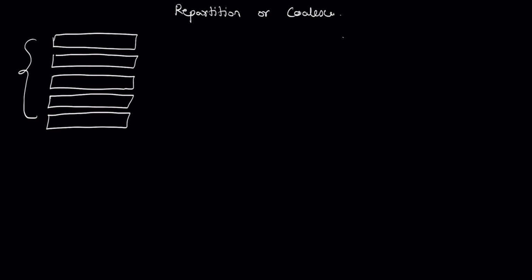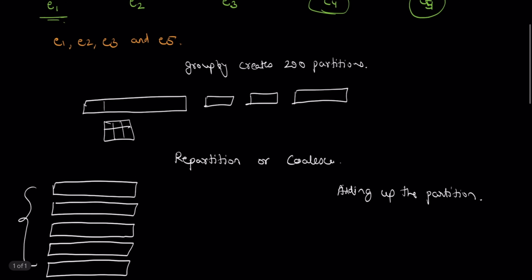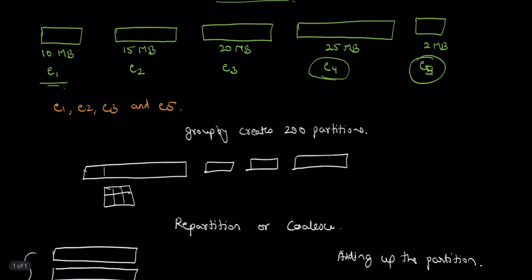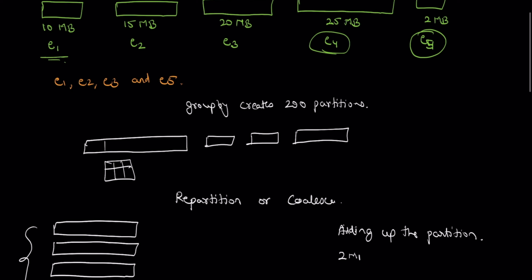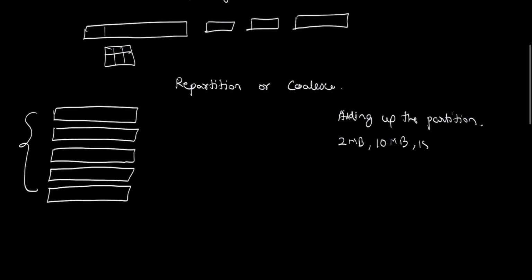But what coalesce does is coalesce will be adding up the partitions. So in our example, we had one partition of 2 MB, one partition of 10 MB, one of 15, one of 20, and one of 25.